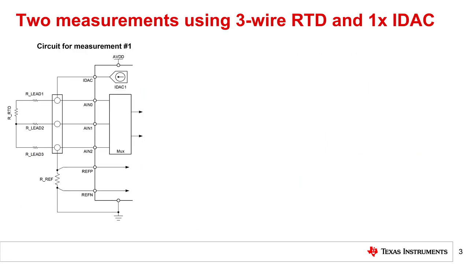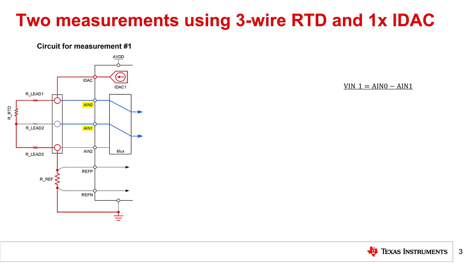A 3-wire RTD using 1 IDAC requires 2 measurements to implement automatic lead cancellation. The circuit for measurement 1 is biased using IDAC 1 as shown. The IDAC current follows the path highlighted in red through R lead 1, then RTD, then R lead 3, and finally through RF to ground.